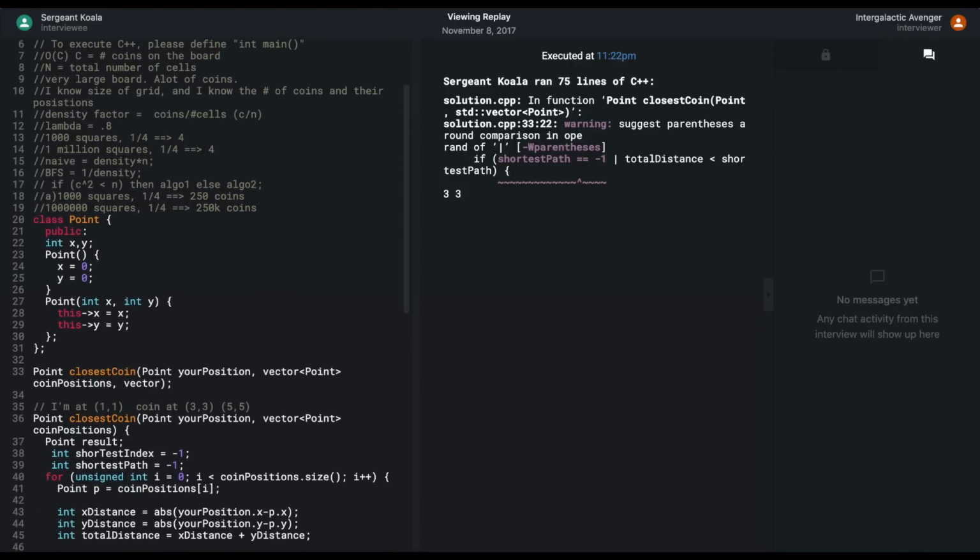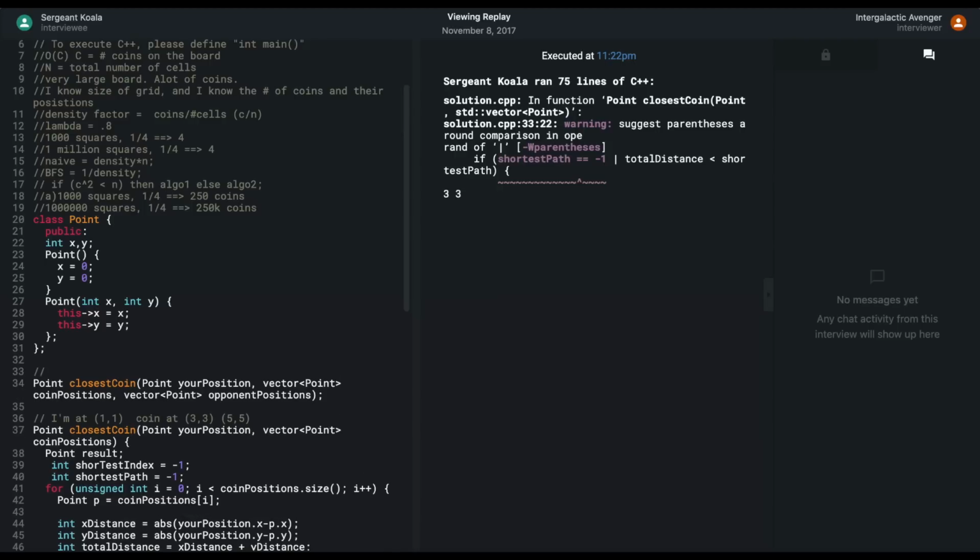Am I wanting to try to go to coin? So there could be a lot of coins on this board. Are there a lot of opponents, or is there just one opponent? Well, in the most general sense, there could be any number of each. But as we've seen, the relative number and the relative size do play a big role in which kind of algorithm you want to use.